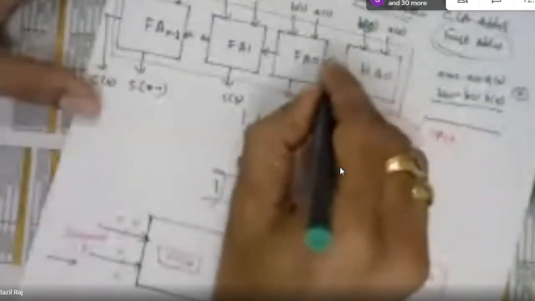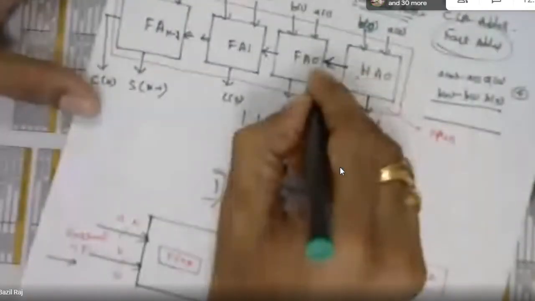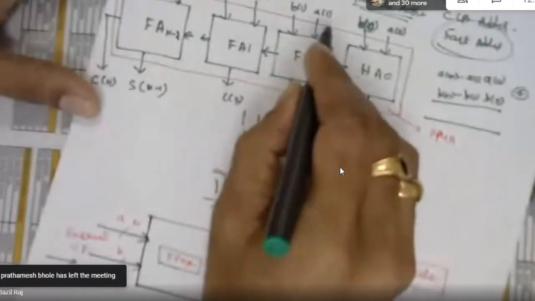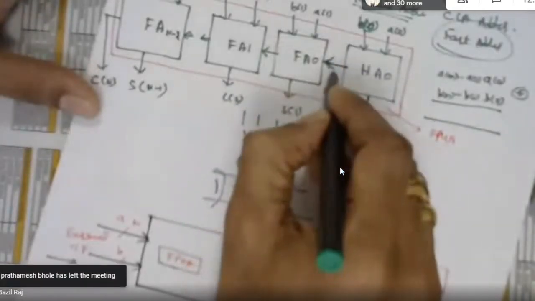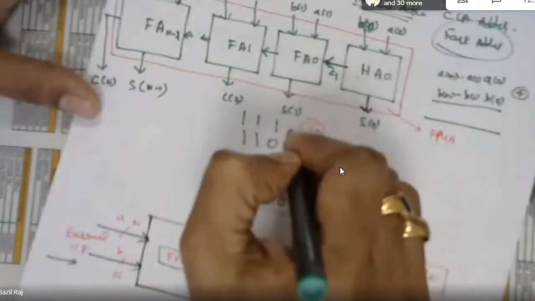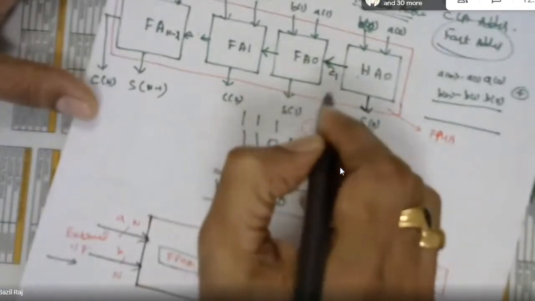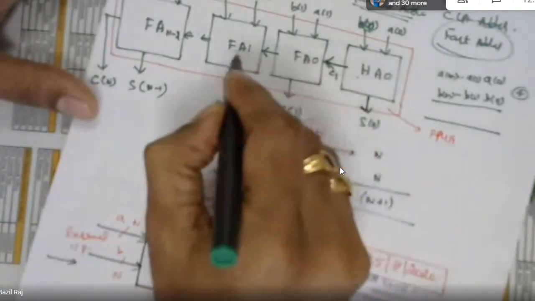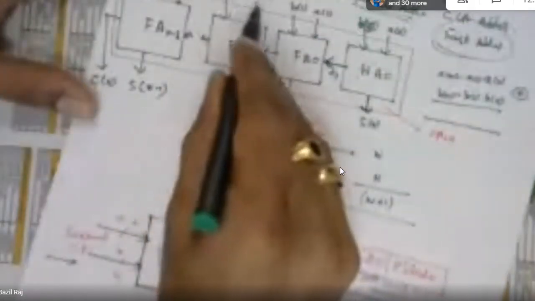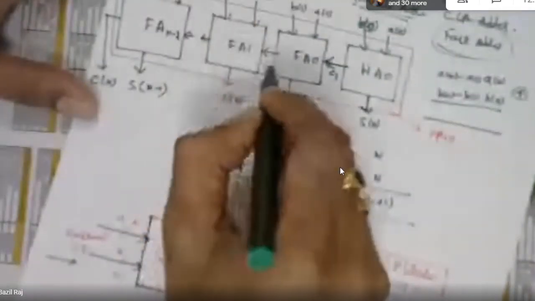At the same instant, S of 1 cannot be available because the carry should propagate from this section into this section so that the full adder will add A1, B1 with C0 or C1. Then only the S of 1 will be available. Again, this adder should propagate its carry into FA1. Then only A2, B2 will be added with this carry. Then the result will come out.